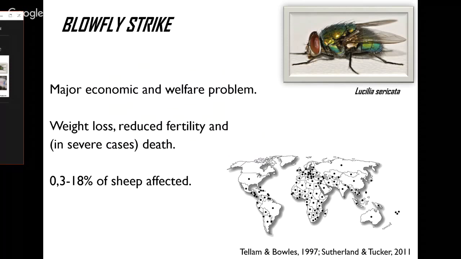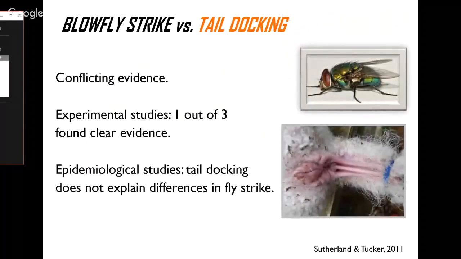But there is a second aspect here, and that is that even if blowfly strike is indeed a problem in a given flock, then the second thing you should consider is whether tail docking is going to be useful. And the evidence on the effect of tail docking on blowfly strike is rather conflicting. Just to give you an example, we have two different ways of approaching this issue.